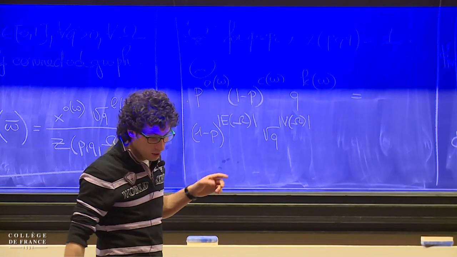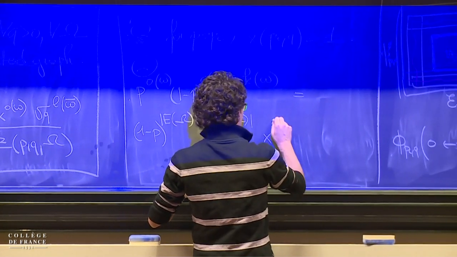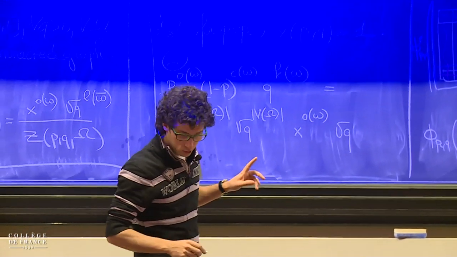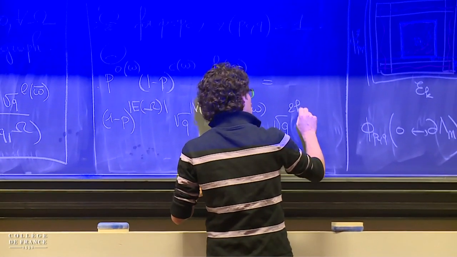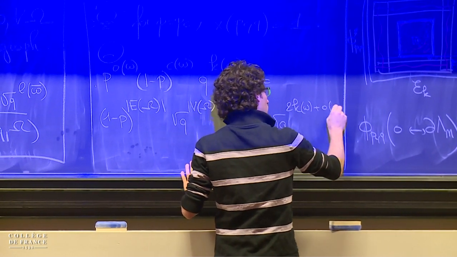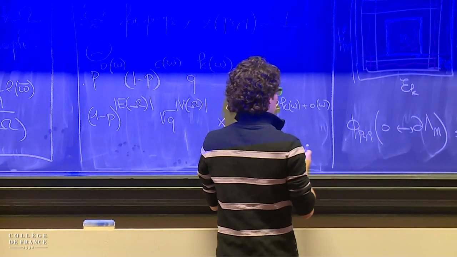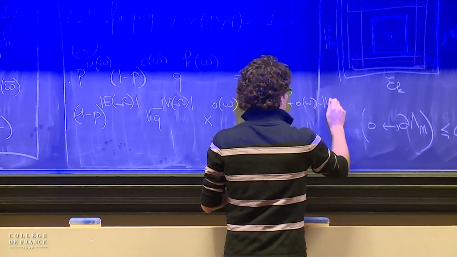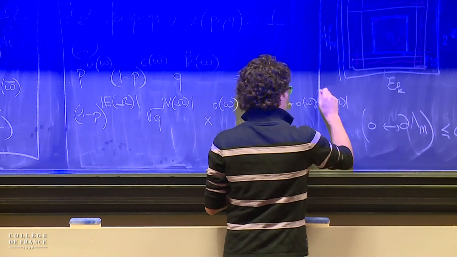And then I will get x to the number of open edges and square root of q to the power twice the number of clusters plus the number of open edges minus the number of vertices in omega.